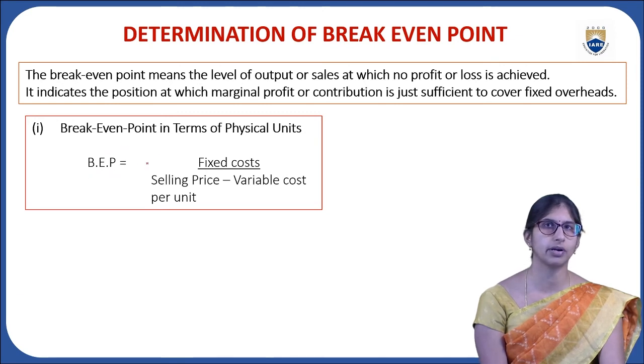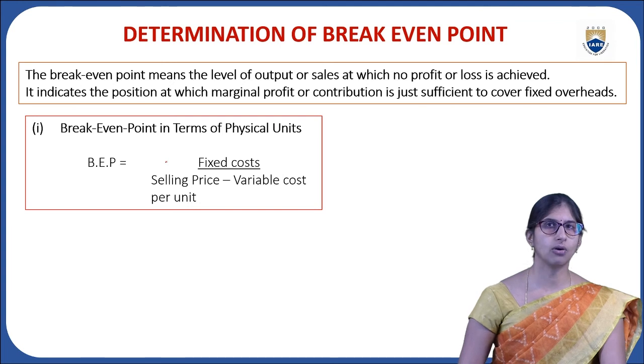Break-even point equals fixed cost divided by selling price minus variable cost per unit. That is the break-even point in terms of physical units, if we want to know how many units must be produced to meet the break-even point.